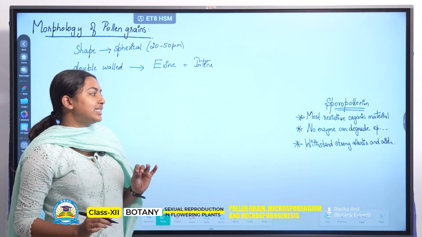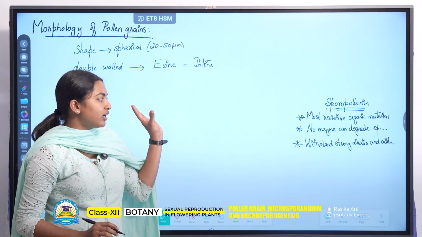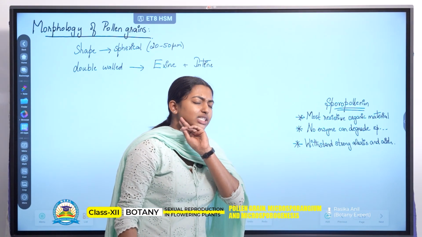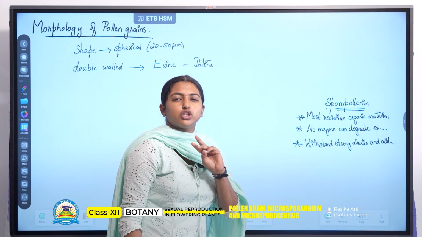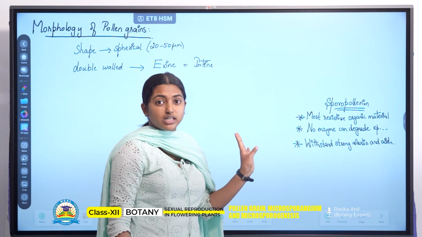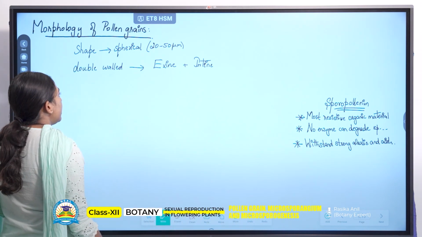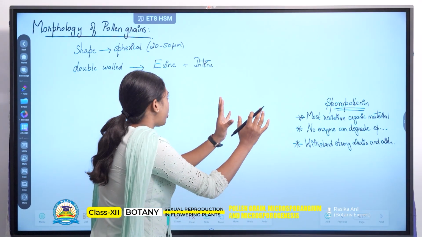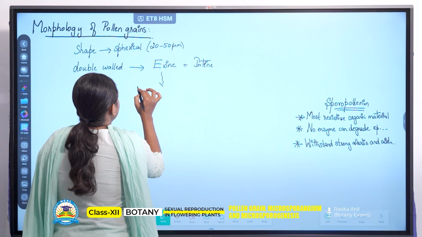Remember these three things: it is the most resistant organic material known, no enzyme that can degrade sporopollenin has been found so far, and it can withstand strong alkalis and acids. Now, this most significant sporopollenin is present in the exine.